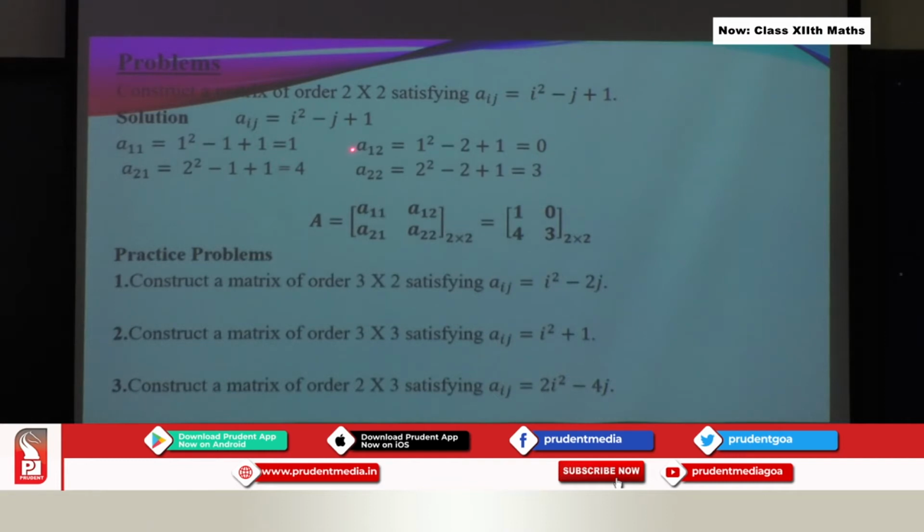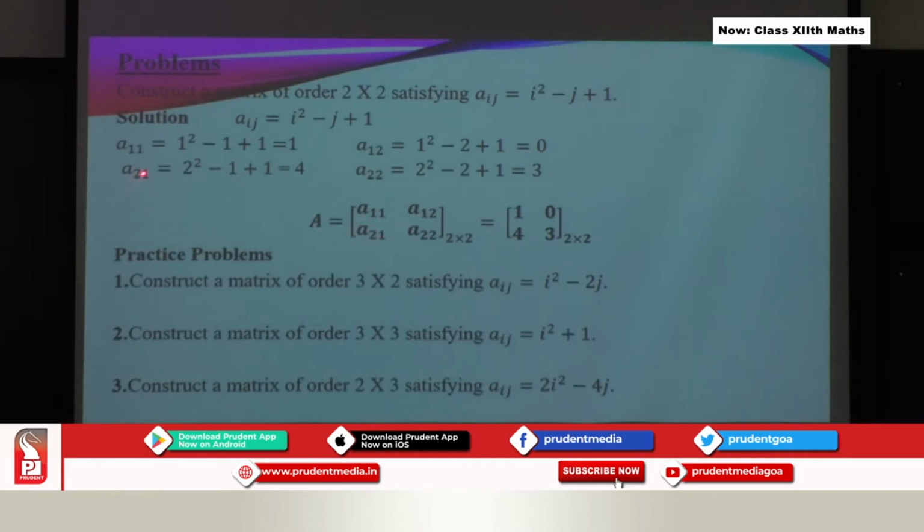Same way we get A12. In place of i we put 1, in place of j we put 2, and we get 1 square minus 2 plus 1, the answer comes to 0. And here, see, the A21 position.